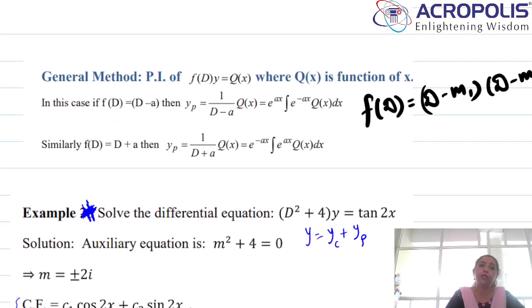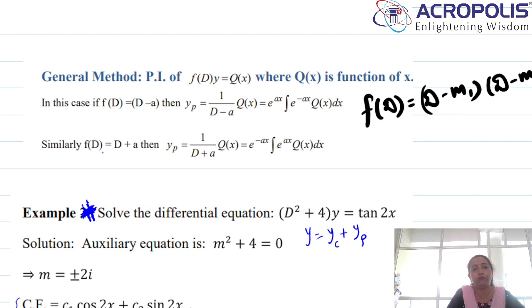So general method for finding particular integral says that if f of D of y is equal to q of x, where q of x is a function of x on right hand side of the given equation, and if f of D is in the form of D minus a, so the formula is yp is equal to 1 upon D minus a, q of x is equal to e to the power ax integration e to the power minus ax q of x dx.